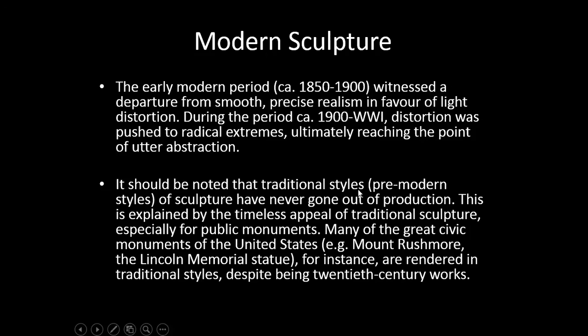It should be noted that traditional styles, pre-modern styles, of sculpture have never gone out of production. This is explained by the timeless appeal of traditional sculpture, especially for public monuments. Many of the great civic monuments of the United States, for example, Mount Rushmore and the Lincoln Memorial Statue, for instance, are rendered in traditional styles, despite being 20th century works.